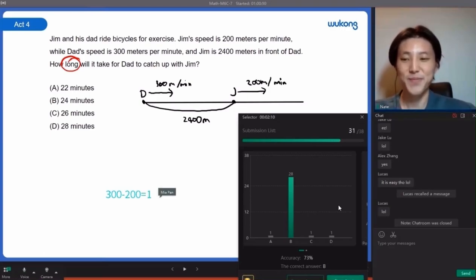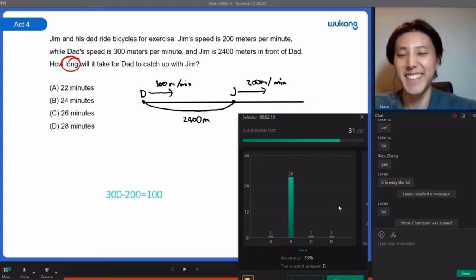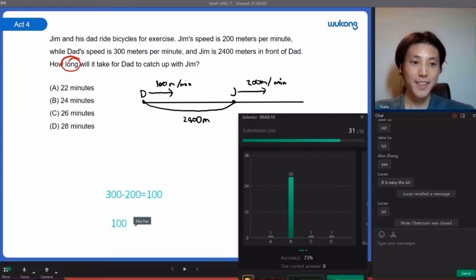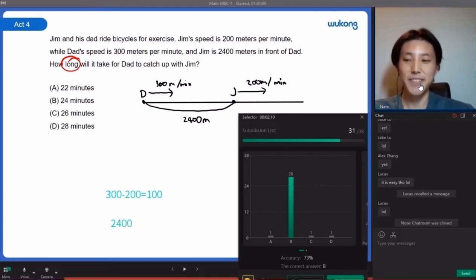Very good. And then 100. Wait, no. 2,400 meters apart. And then divided by.